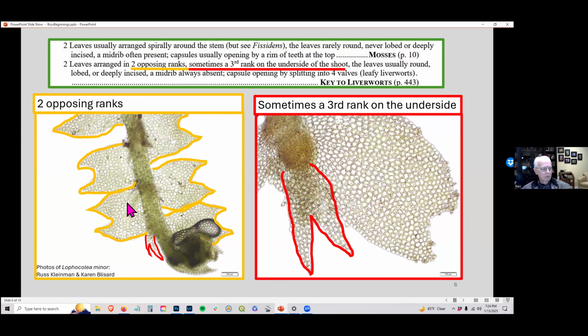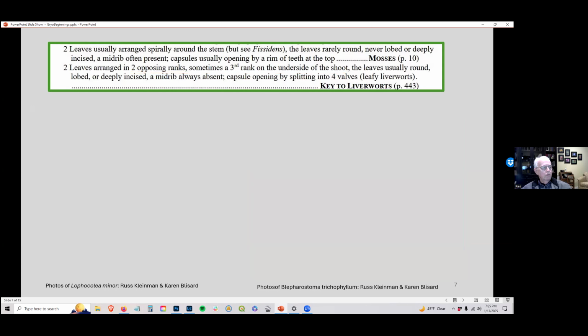There's also an underleaf showing through the leaf there, and there may even be one there, I'm not sure. So it gives you an idea of what you're looking for with ranks of leaves and underleaves. An underleaf is just a smaller leaf. It's not a part of the existing leaf.